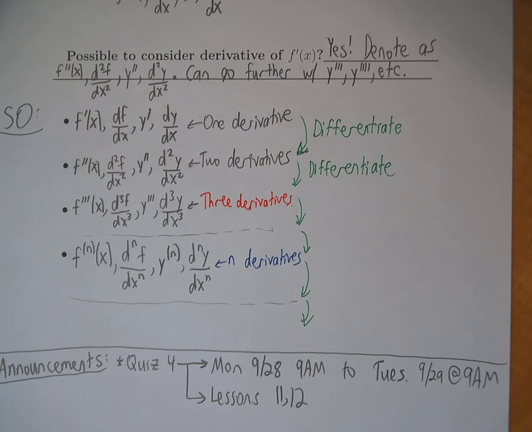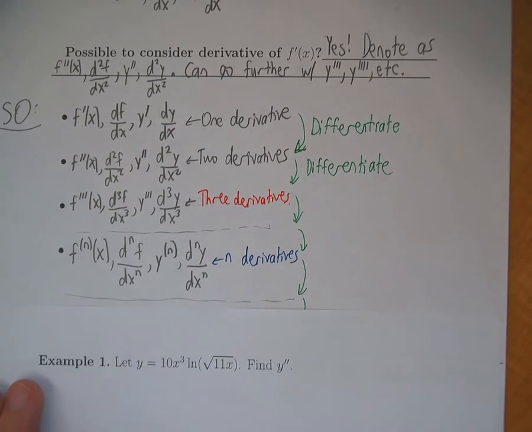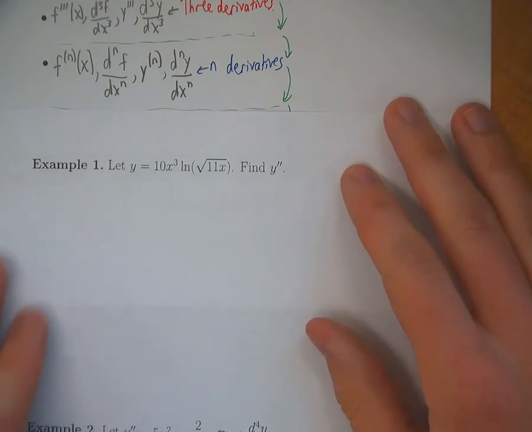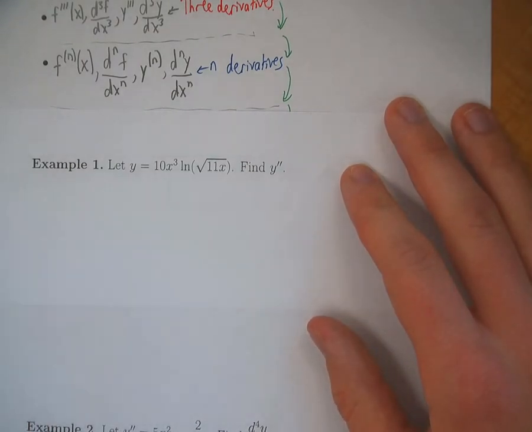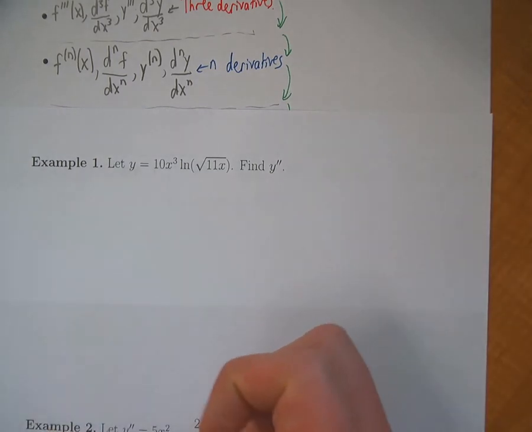Okay. So any questions on that? All right. So the first example I want to bring up regarding that is example 1. Let y equal 10x cubed times the natural log of the square root of 11x.